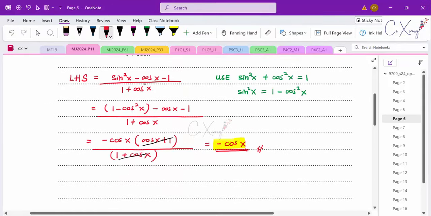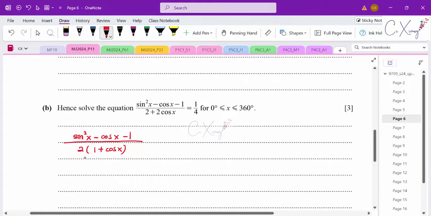To get what I have here, I need to factorize out the 2, and then it equals 1 over 4. So I move the 2 over, then I have 1 over 2.